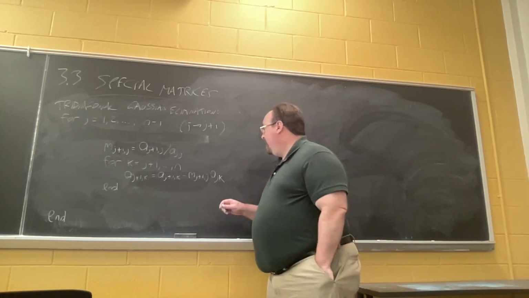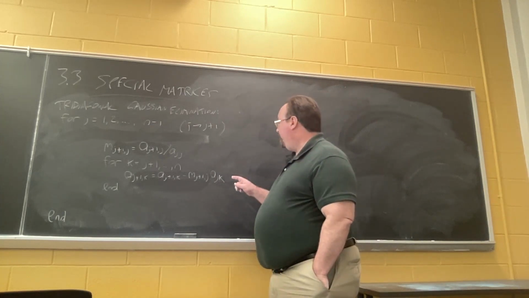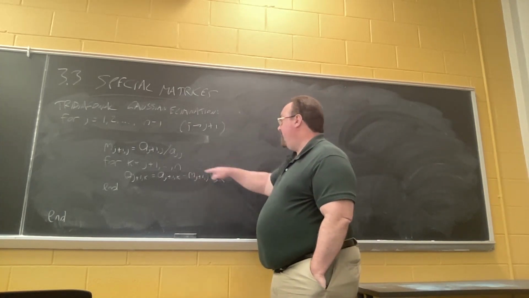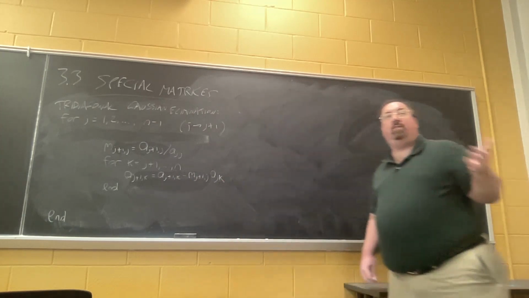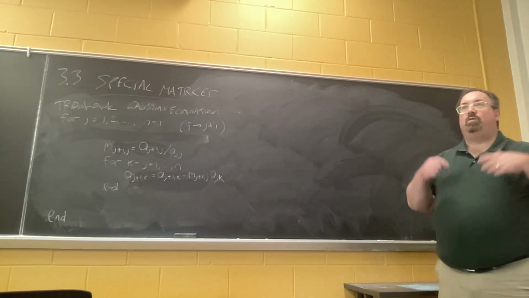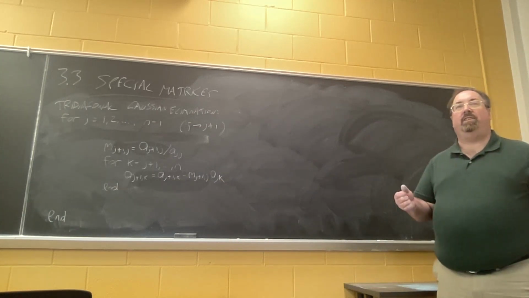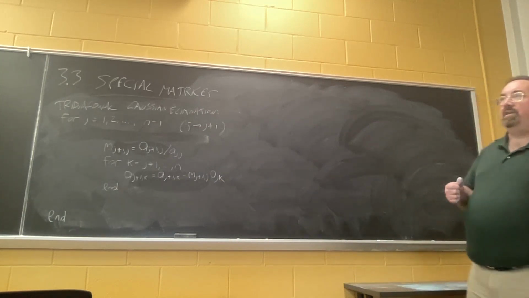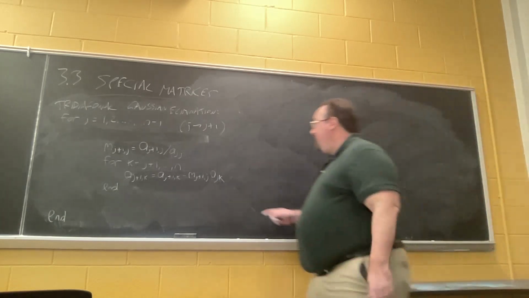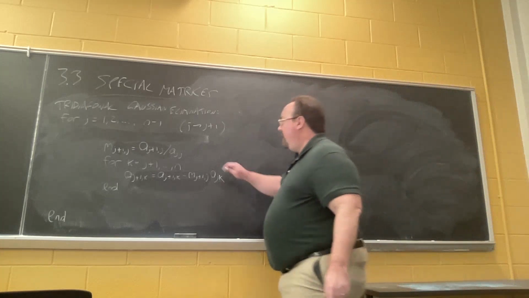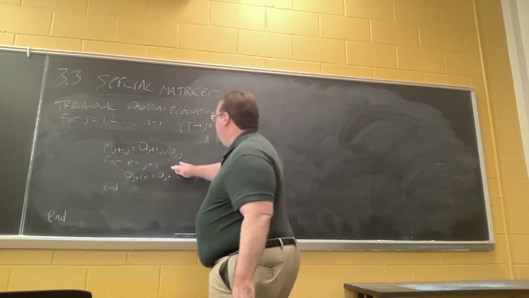But once K goes to the next value, J plus 2, that entry is 0, because for a tridiagonal matrix, if a row and column index differ by more than 1, the entry is 0. So K is only equal to J plus 1.